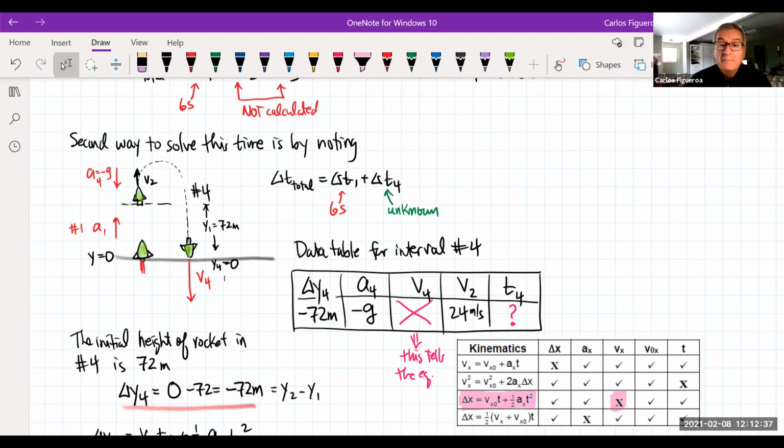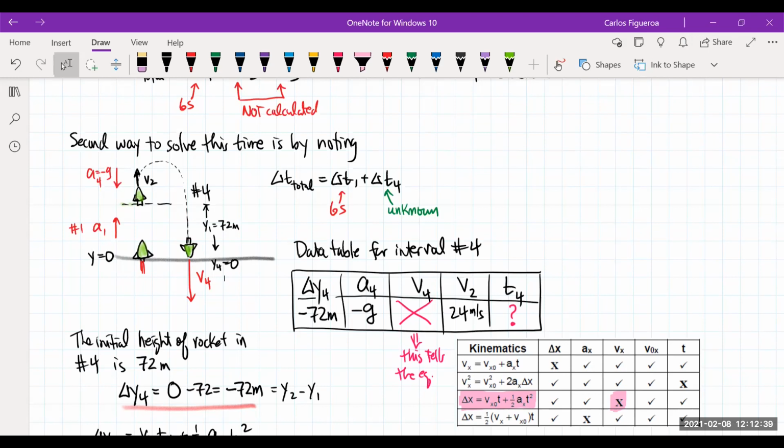And so, wait, I'm sorry. Isn't the max height 101 meters, not 72? Isn't 72 just from when it stops propelling, and then it keeps rising? So there's more height to it, and it's still going, and then it starts to drop.